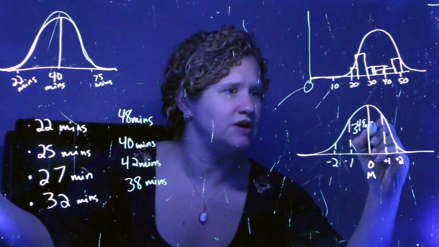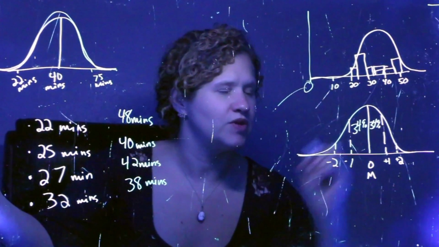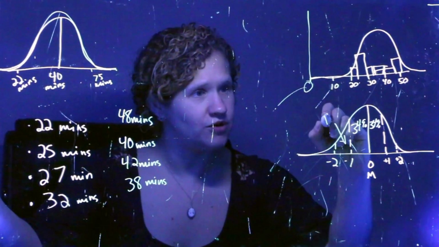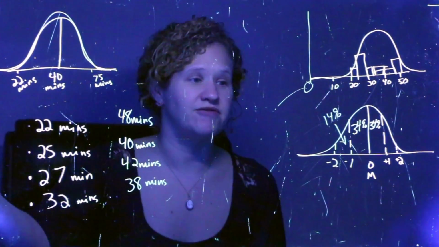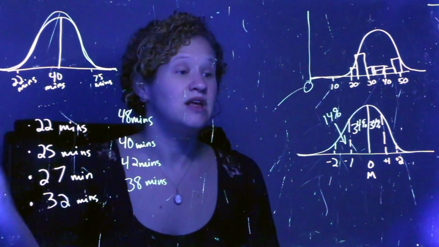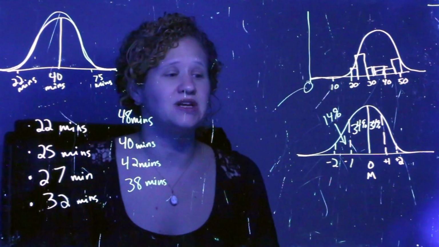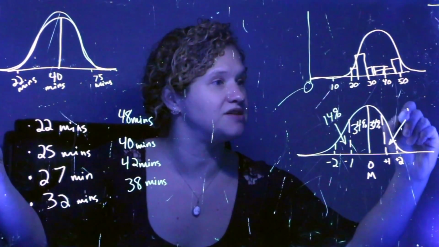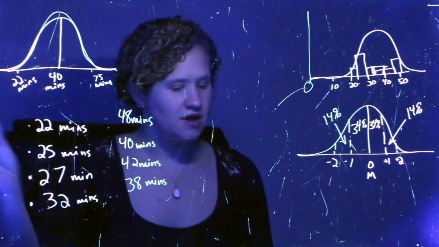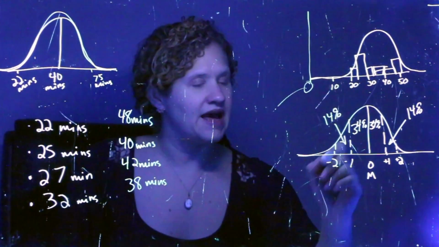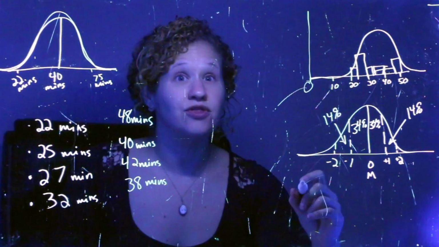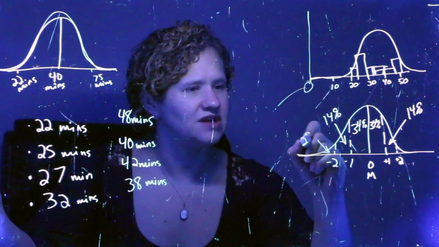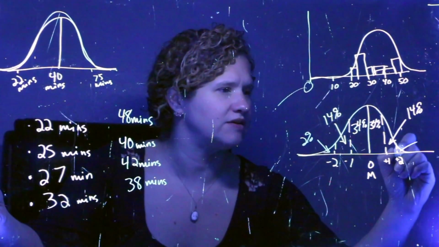So 34 here and 34 here. We also know that an additional 14% of scores falls in between the first standard deviation and the second standard deviation. And that is true on both sides of this normal curve. And then finally, in that tail, that last third deviation is the remaining 2%.